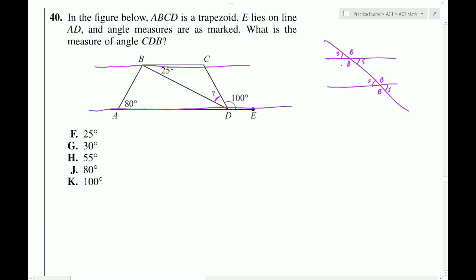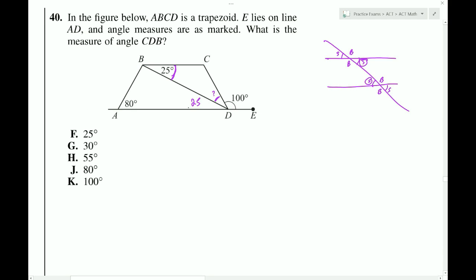All the smalls equal all the bigs, right? In particular, this small equals this small. These are called alternate interior angles. So in this picture, this angle is alternate interior with this. So this is going to be 25 degrees. That's our first piece of logic that we need.